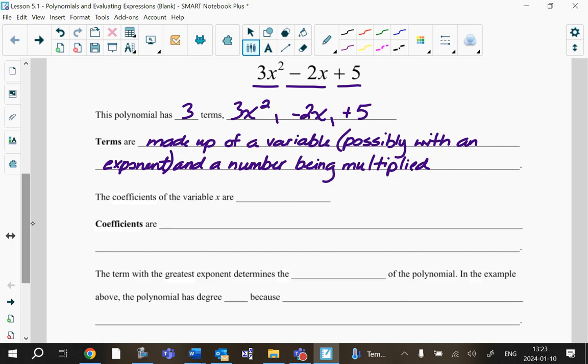What are the coefficients called? The coefficients are the numbers in front of the variables that you see. So look at one of the terms, look at the variable. Give me one of the numbers that's in front of a variable. 3. So that's a coefficient. There is another one. Careful. Negative 2. Take the negative with it.